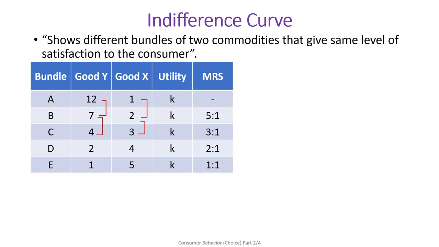Then from C to D and D to E, again X is increased by 1 unit. However, the decrease in Y is not constant. It decreased by 2 units and then by 1 unit. Why is it so? What is the rationale behind this?